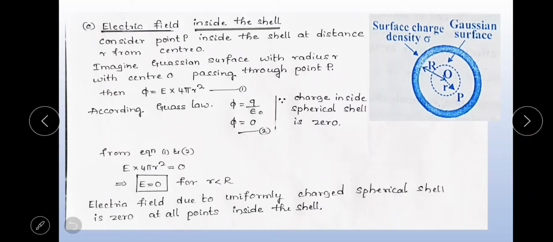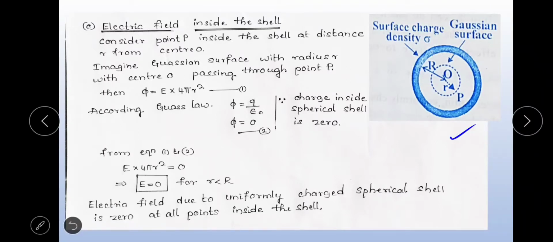Consider a point P inside the shell at a distance small r from center O, as shown in the diagram. Imagine a Gaussian surface with radius r with center O passing through point P. It means at point P you have to calculate the electric field due to the uniformly charged shell.